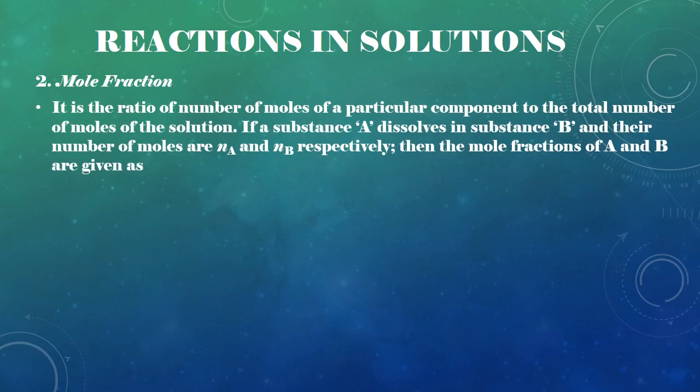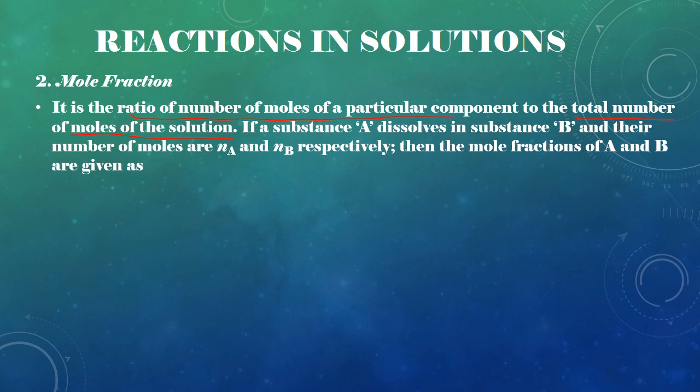Next one, mole fraction. It is the ratio of number of moles of a particular component to the total number of moles of the solution. Now this is very convenient to find out the mole fraction of a substance, irrespective of how many particles you have in a solution.